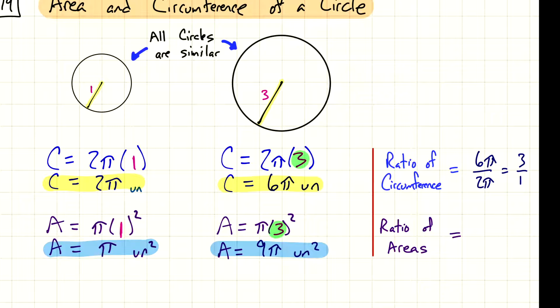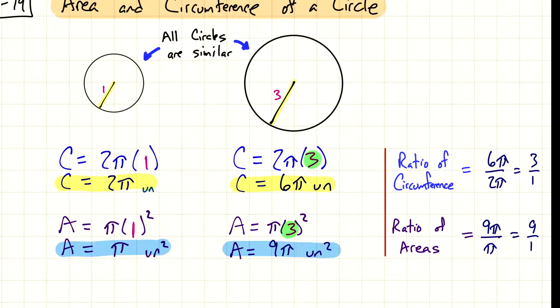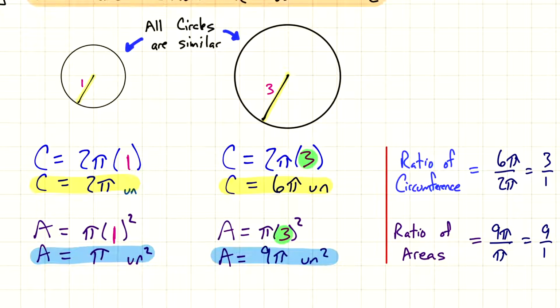So is that the case? Well, if I take 9 pi and divide it by pi, I end up with 9 over 1. All right, so this tells us that our ratios are working out perfectly, which is what we're familiar with from the previous lesson.